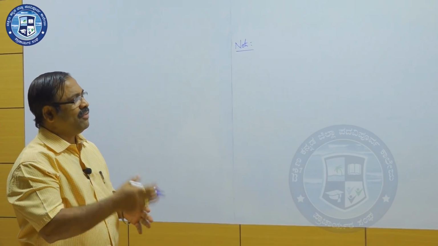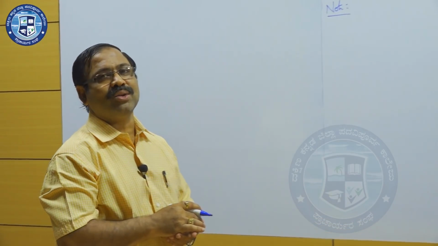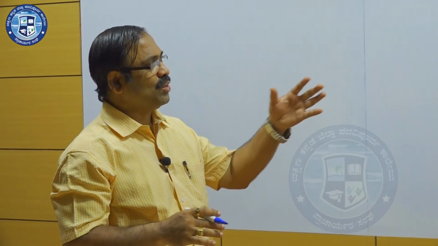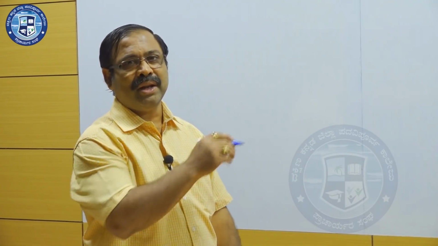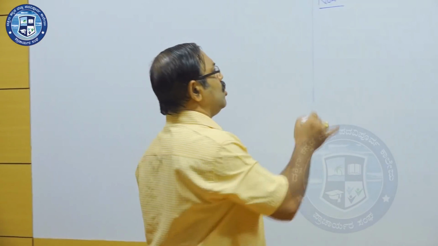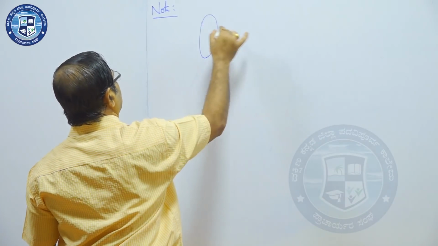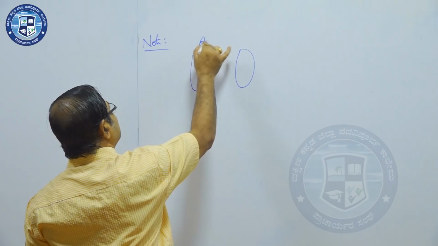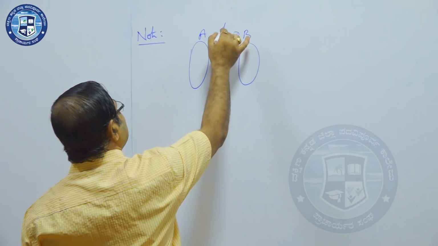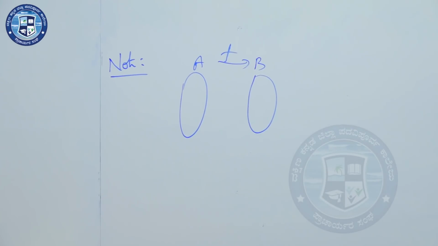Now once again, I have just explained the onto function. We need some more ideas to work out problems later, so some more definition of onto. Let us consider non-empty sets A and B under this map f.